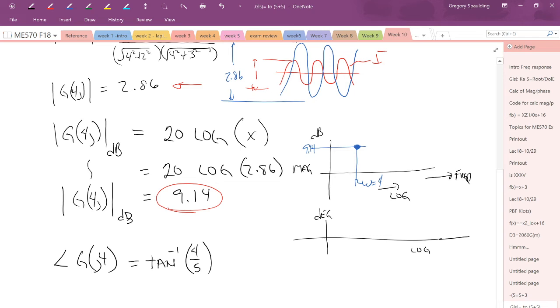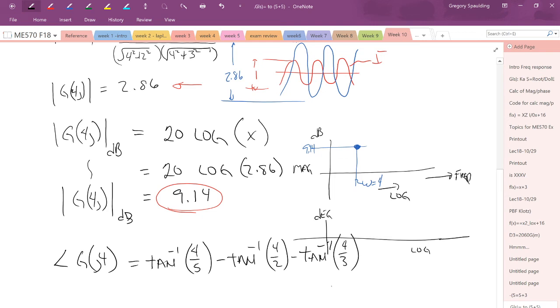And so we only have one zero, so we only have one sum, and then we're going to start subtracting off the angles for the poles. That's going to be arctangent of 4/2 for the first one, minus arctangent of 4/3 for the second pole.